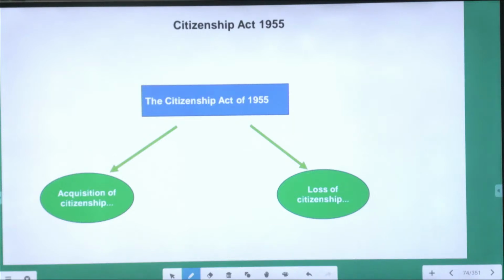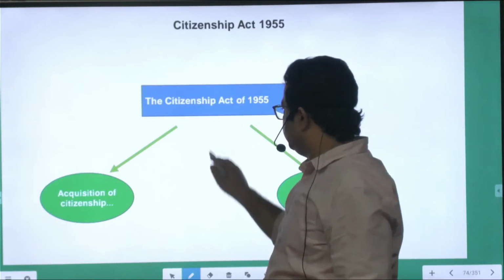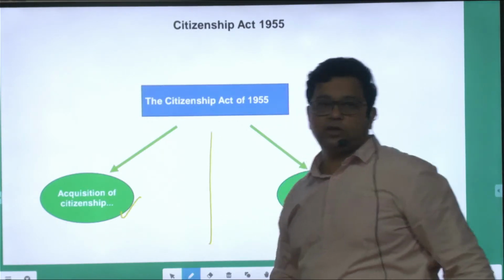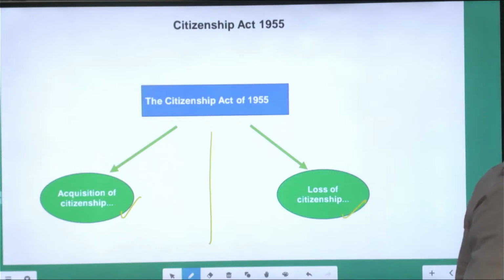Is it clear? Right? So the Citizenship Act provides two mechanisms: first, acquisition of citizenship, and second, loss of citizenship. Okay?